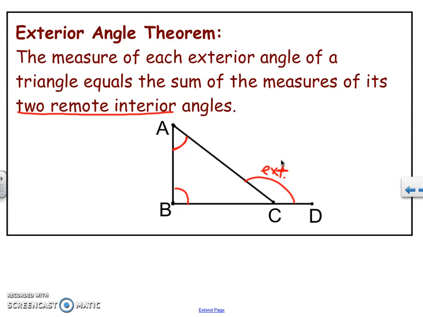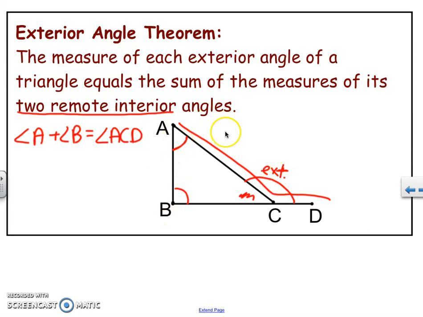So the two angles basically not touching that exterior angle are the two remote angles. So I could say angle A plus angle B is going to equal ACD, okay? So my two inside angles plus this big outside angle will equal 180.